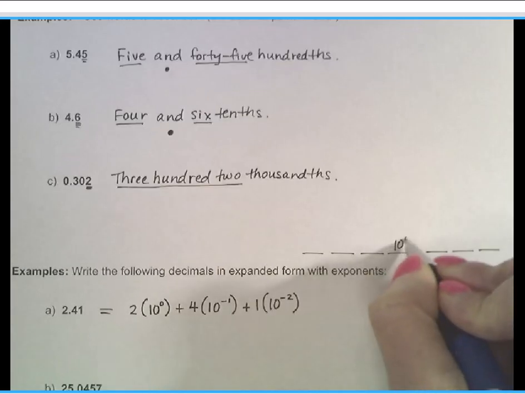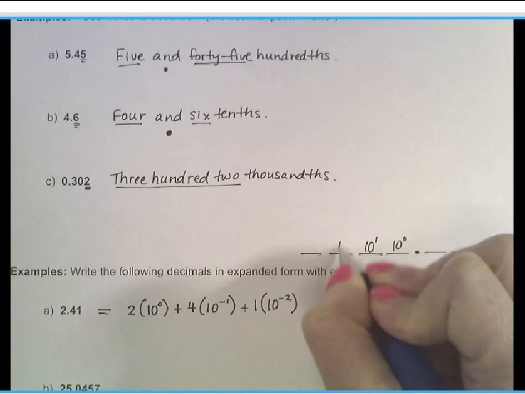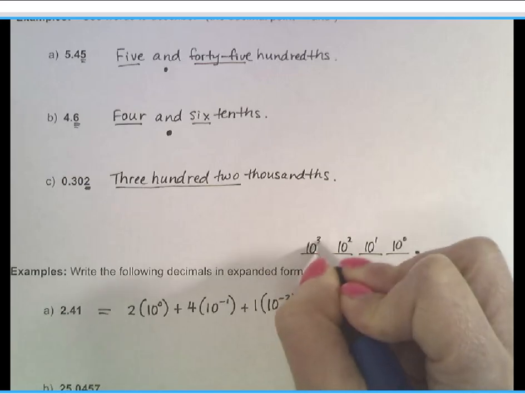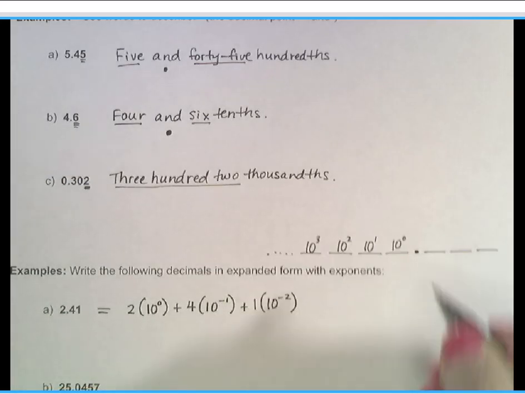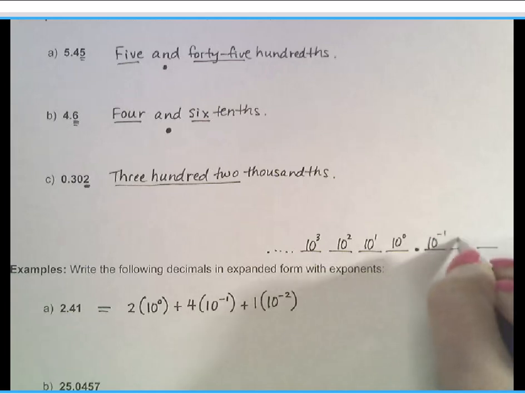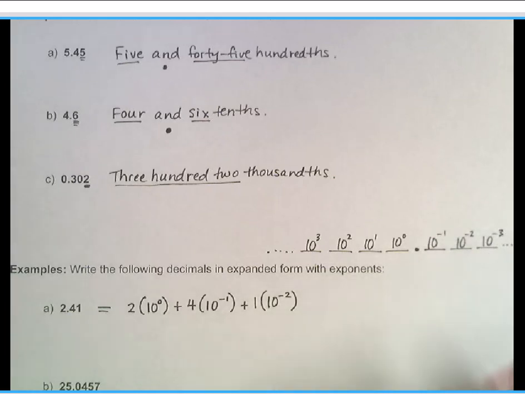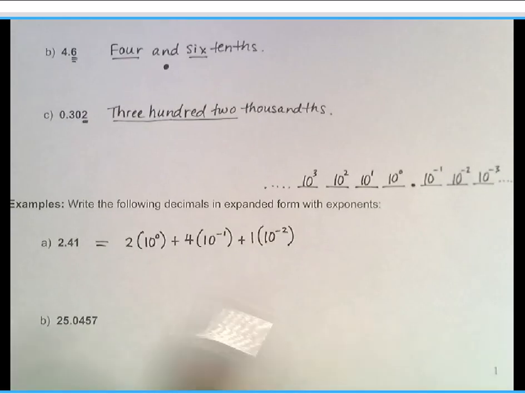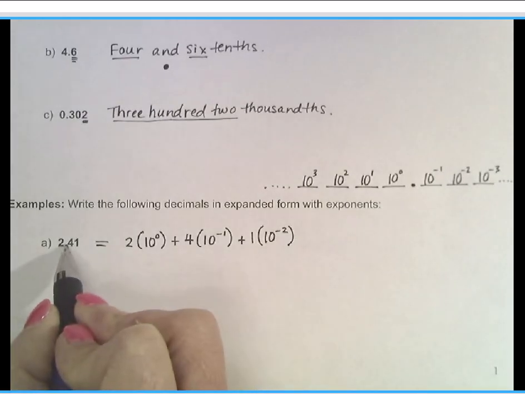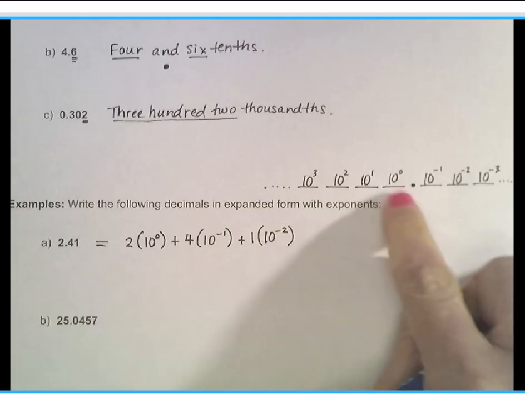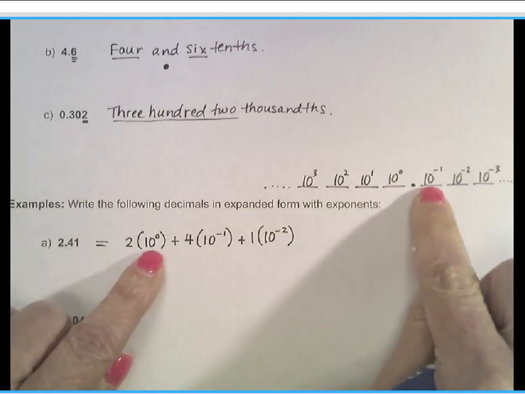This is 10 to the 0, 10 to the 1, 10 squared, cubed, etc. And then going the other direction is negative 1, negative 2, negative 3, etc. So if I get it written there, okay, so we can see 2 and 41 thousandths. So the 2 is here, 10 to the 0, 4, 1.